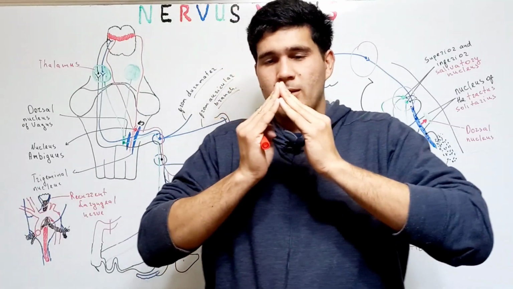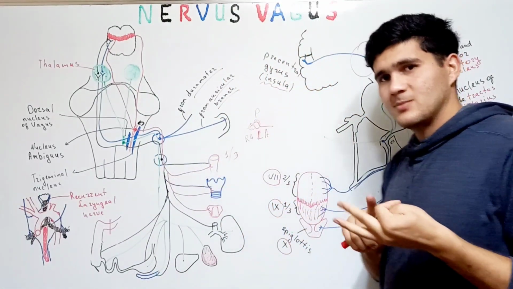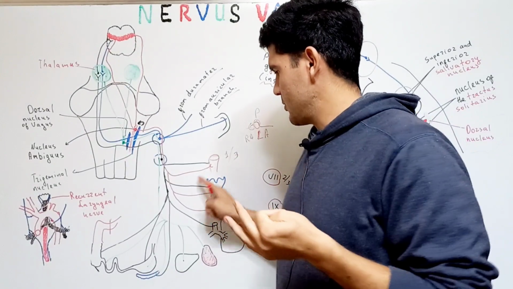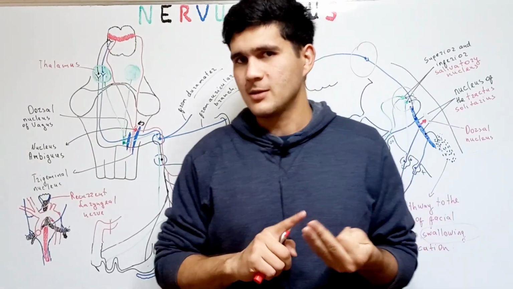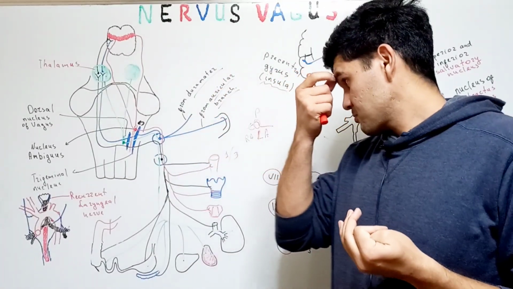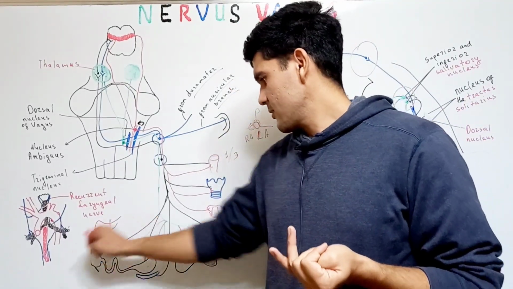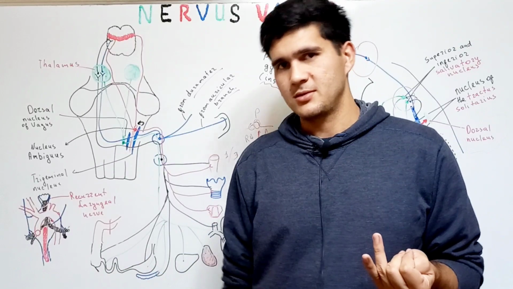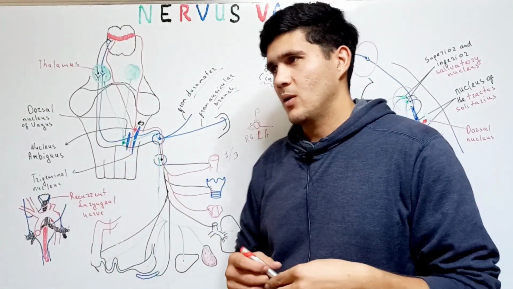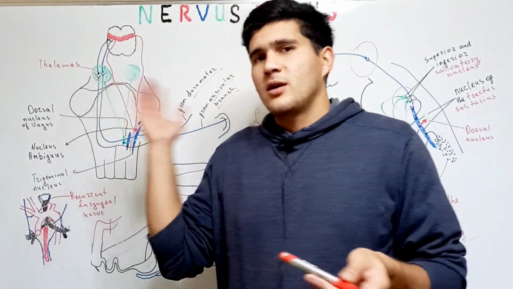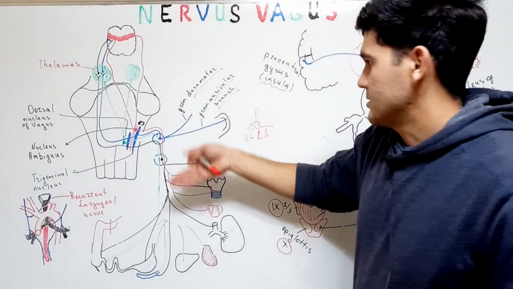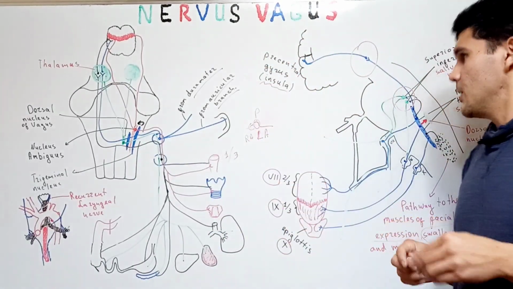Okay, and the next symptom is hoarseness due to abnormal innervation of the laryngeal muscles. And the next symptom is tachycardia and some kind of abnormalities in the gastrointestinal system. All of this information will stimulate you to think about deficits that relate to the nervus vagus.